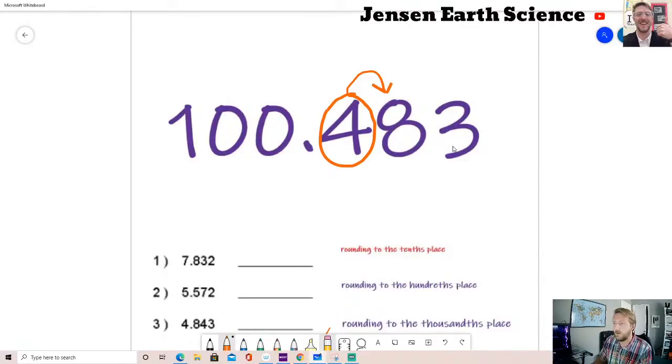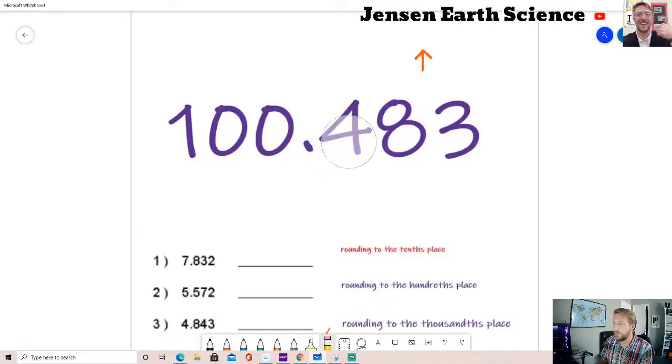So the rule for rounding to the tenths, when there is a number that is 5 through 9 or 5 or greater, is that you will add 1 to the digit on the left that you're focusing on. So 100.483, when rounding to the nearest tenth, actually becomes 100.5. I added 1 to that 4 because the 8 is 5 or higher.